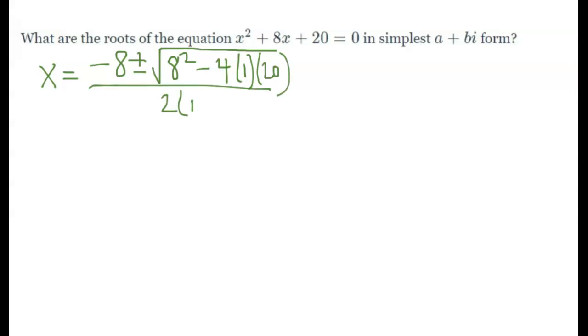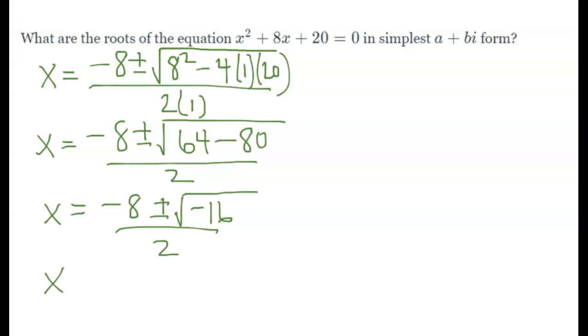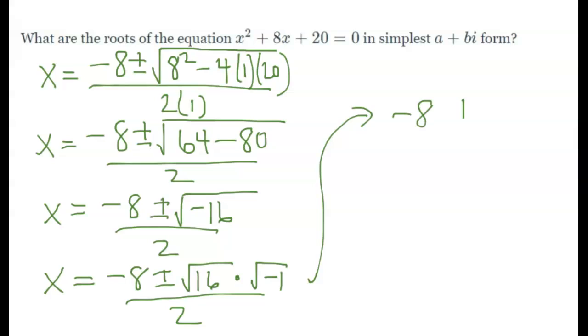So when we use the quadratic formula, we will end up with the square root of 64 minus 80. And again, notice that's going to be a negative number, so we can treat it as using the imaginary unit. And we get square root of negative 16, which again, we treat as a rational and then the imaginary unit, so that those properties, we can still continue with the same operations.